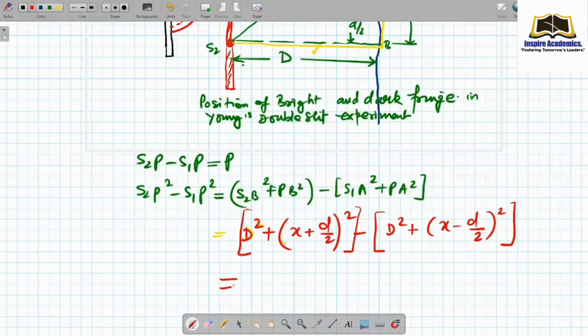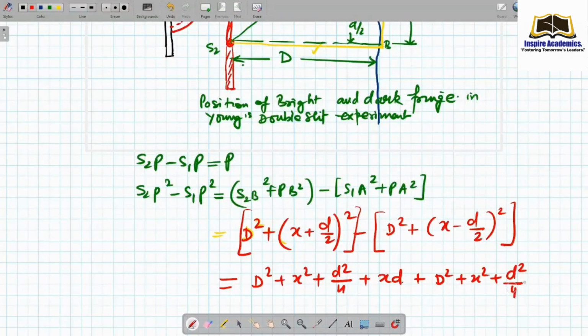So let's try to further open it up. So I will get again d square plus x square plus d square upon 4 plus 2xd upon 2. So 2 से 2 कट जाएगा तो simply xd plus d square plus x square plus d square upon 4 minus xd. But here, since negative sign was there, I will put it as negative.